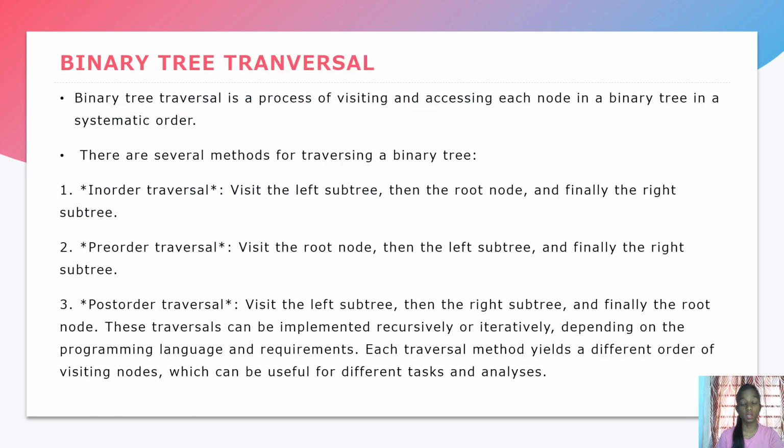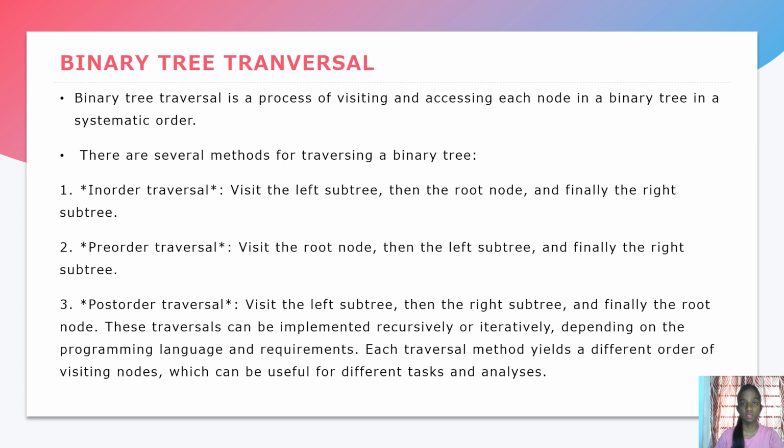Next we'll see what are binary tree traversals. Binary tree traversal is the process of visiting and accessing each node in a binary tree in a systematic order. There are several methods of traversing a binary tree. In-order traversal visits the left subtree, then the root node, and finally the right subtree.